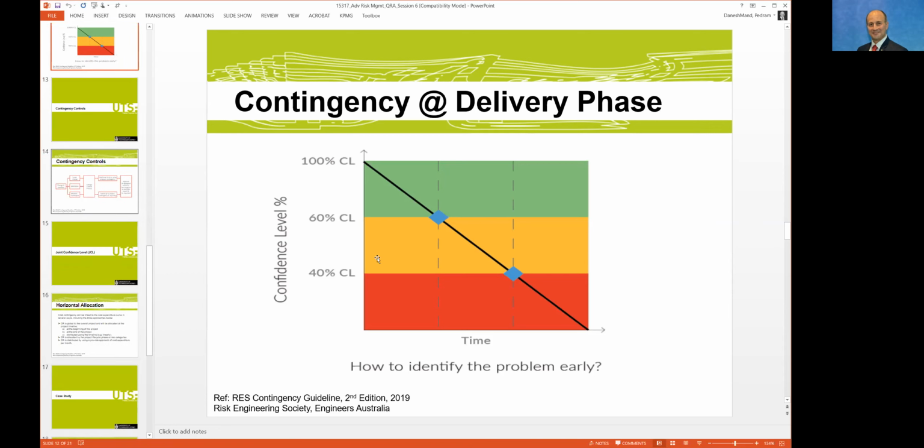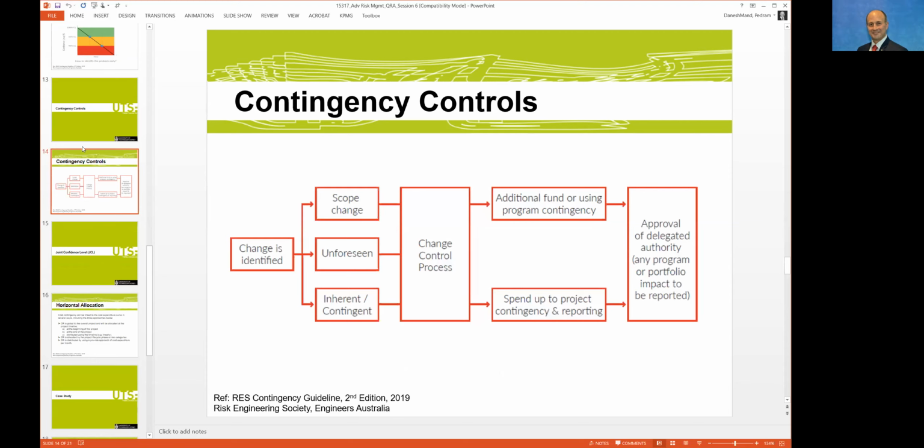That's really the core part of the contingency control, just assessing the scenarios. If you look at a number of other references, like the risk guideline that I have, it is referring to the change control, and it's important that change control and contingency control link together.